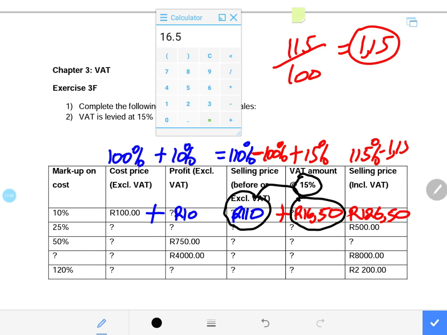Now it is very simple. 110 times by 0.15, or 15 over 100, in order for us to get to 15% of 110. But now 15% has already been added in this 126. So now we can say 126 times by 15 over 100 here, if we want to calculate the VAT amount, because it is already inside.